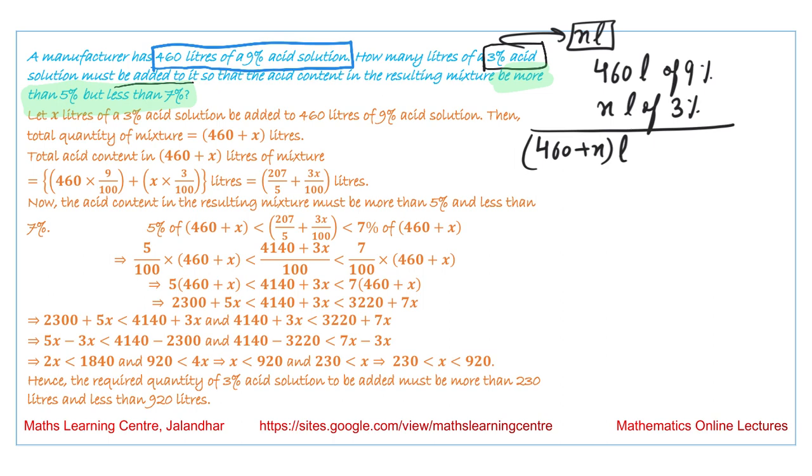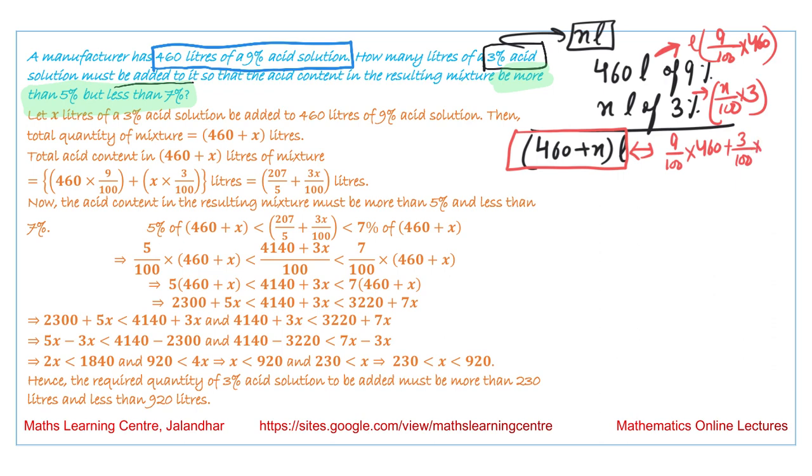Now what is the amount of acid in this case? The amount of acid we have is 9 by 100 into 460 liters, and in this case it is x into 3 by 100. So the acid content in the resulting mixture is 9 by 100 into 460 plus 3 by 100 into x.